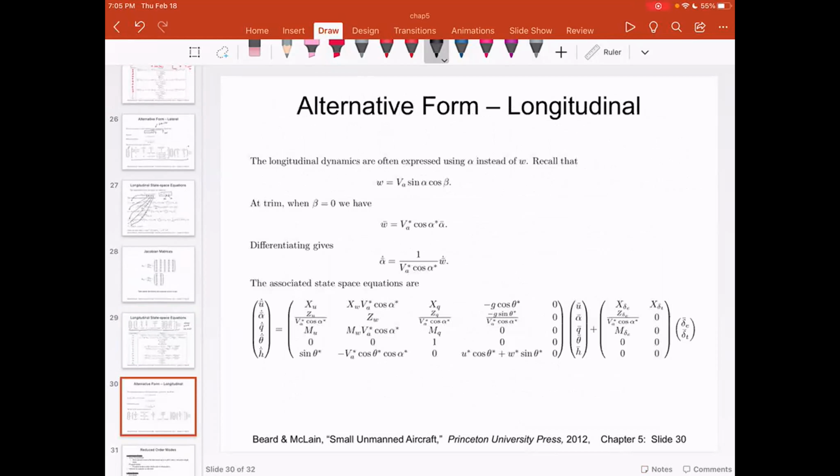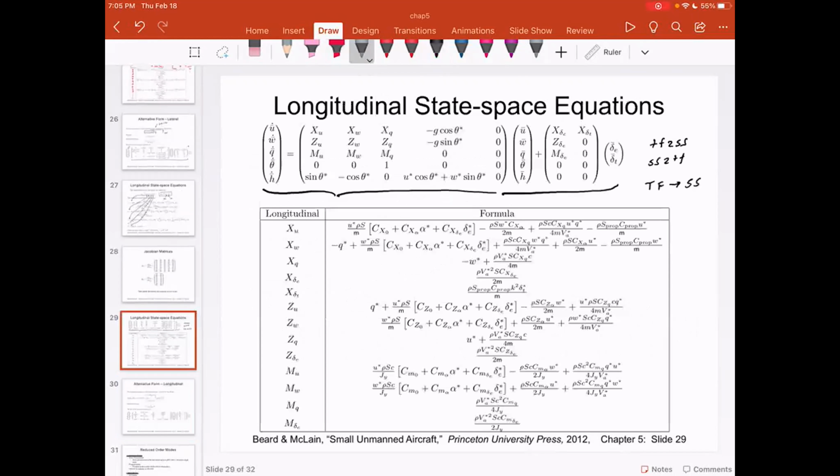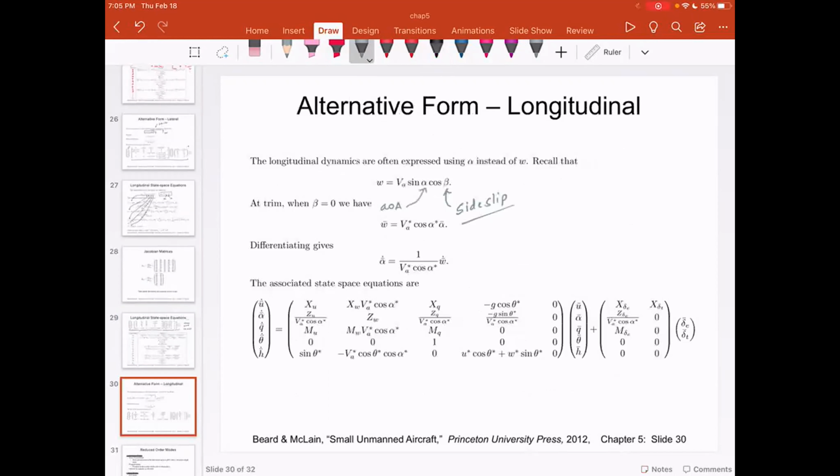So here is the alternative form of the longitudinal equation. Now the alternative form always uses side slip angle. So if you want to represent the dynamics with respect to side slip angle and the angle of attack, then you can rewrite these equations in terms of angle of attack and side slip equation that are given here.